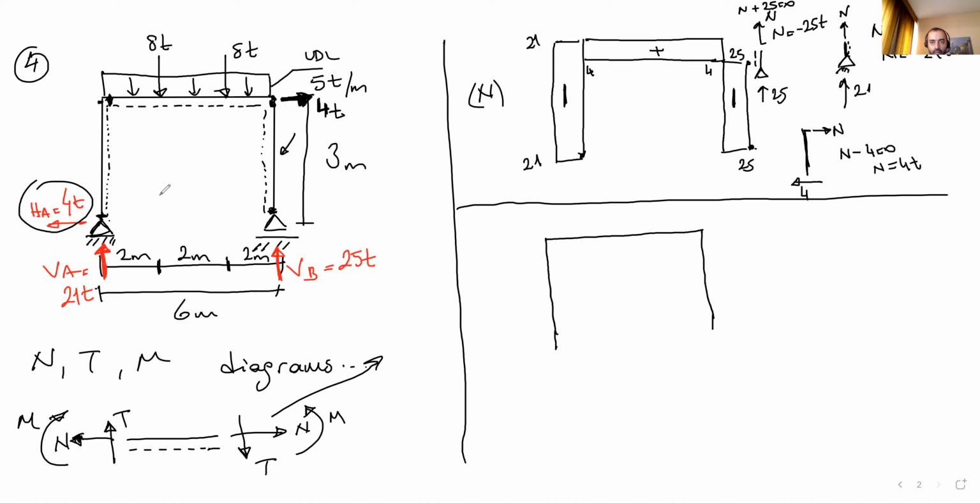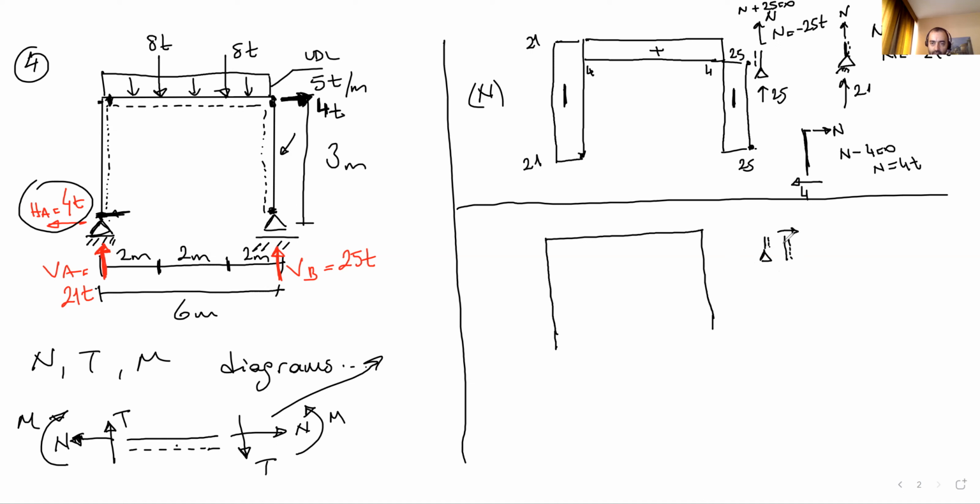At the support point, cut the system from here again, like this, take it out. When we take this and put it here, it's the positive direction.